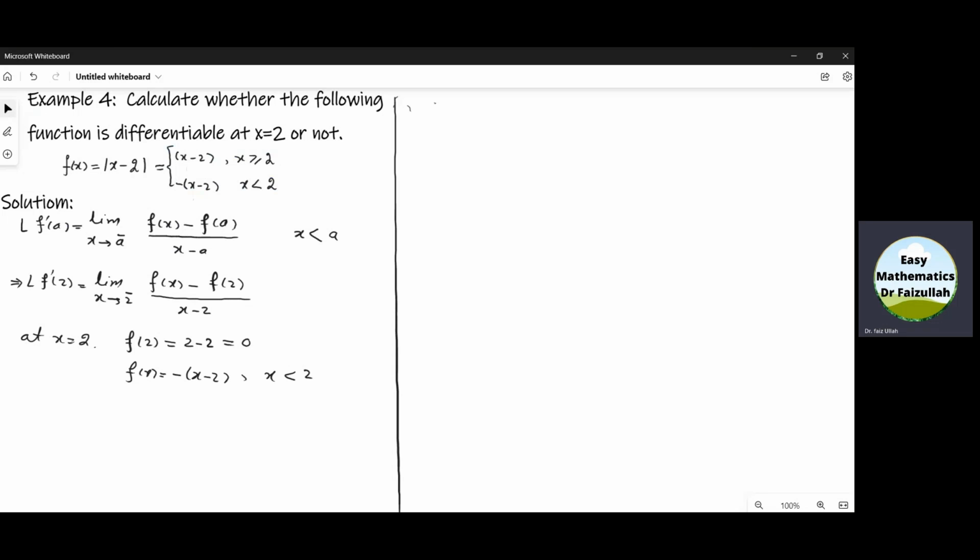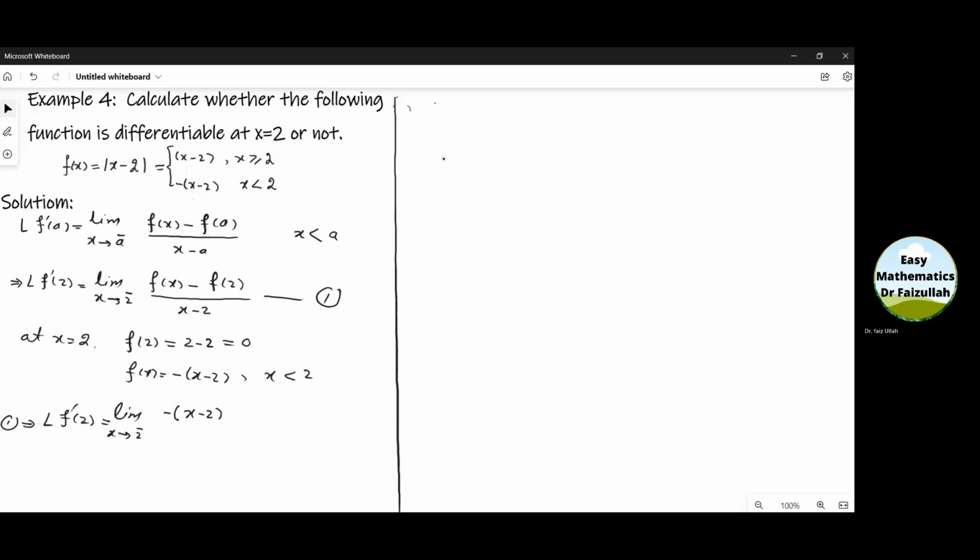So using these values, we obtain L f dash of 2 is equal to the limit as x approaches 2 minus of minus of x minus 2, minus f of 2 that is 0, divided by x minus 2.